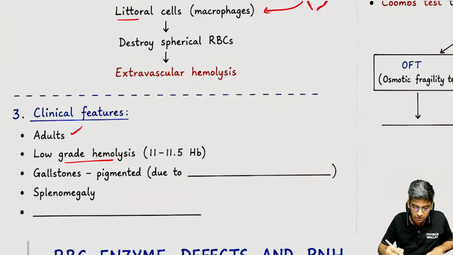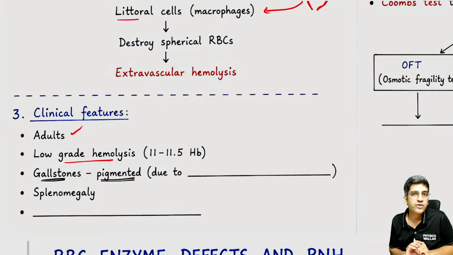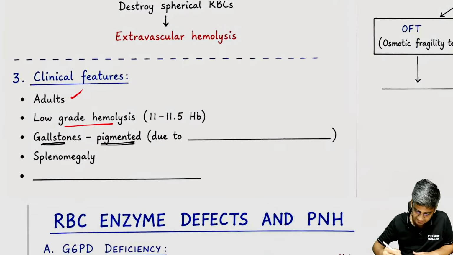So low grade hemolysis, but I'll have gallstones, and they will particularly be pigmented gallstones. A reasoning why question: why do you have pigmented gallstones in case of hereditary spherocytosis? What is the reason? Simple. It's because of the increase in your indirect bilirubin. Due to the increased amount of unconjugated or indirect bilirubin.